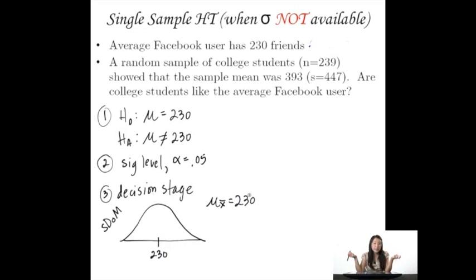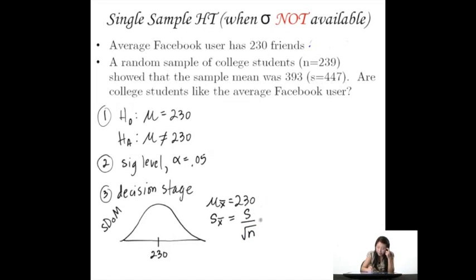How can we figure out standard error? Well, we can't figure out sigma sub x bar, but we could actually figure out S sub x bar, right? That's standard error using S instead of sigma. So that would be S, regular S of x, divided by square root of n.